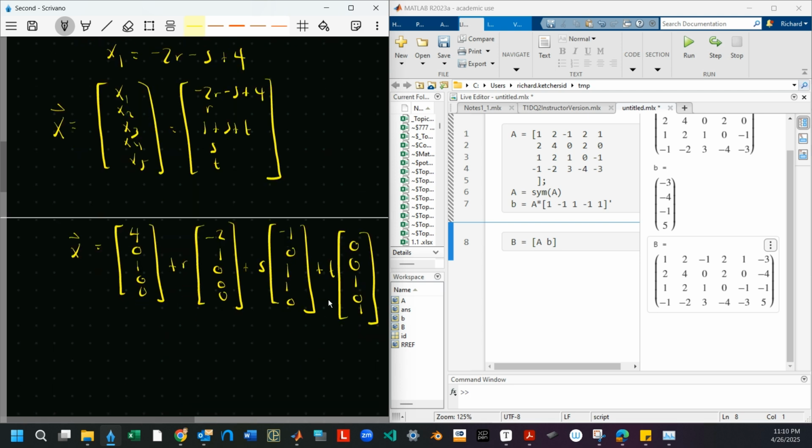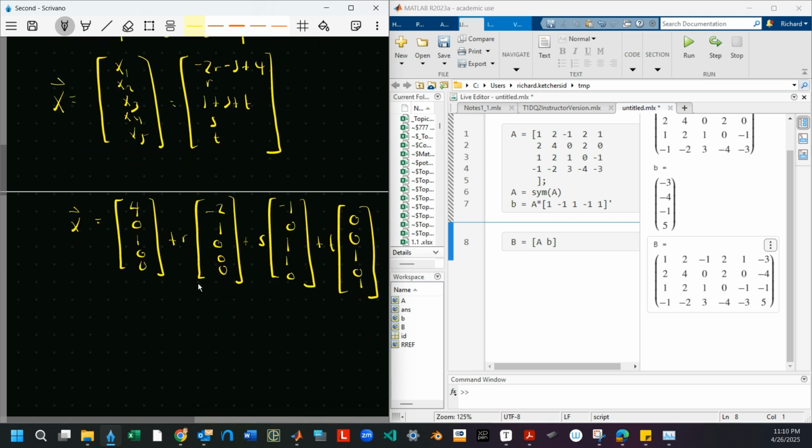Good. Okay. And the important thing is, what is this? Well, this is all of these things summed together with just these free variables substituted with any real number. So all the linear combinations of these vectors right here, this is a subspace, okay?